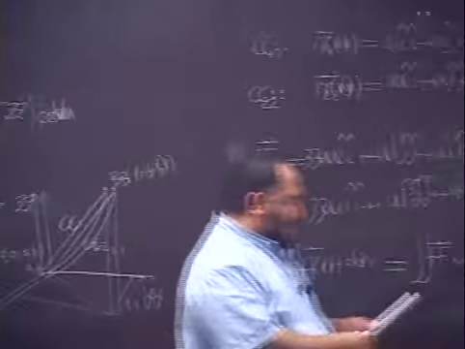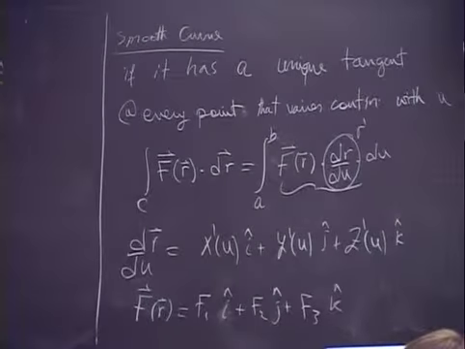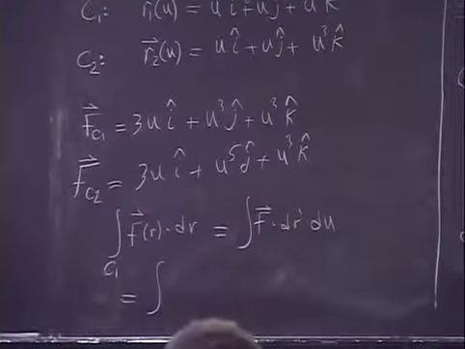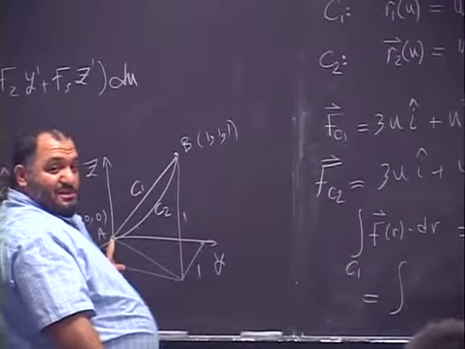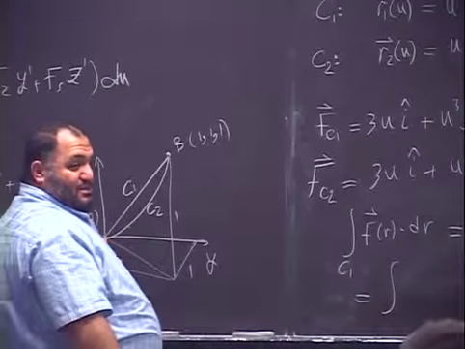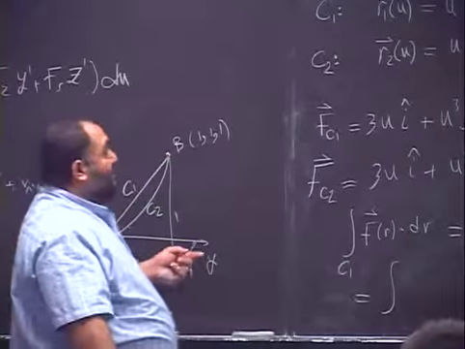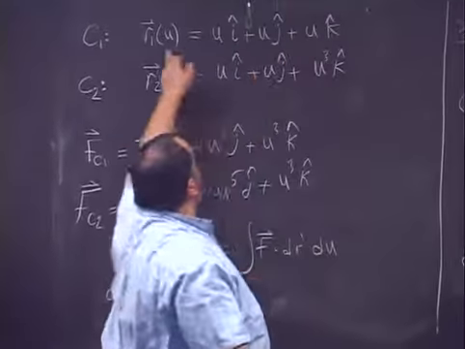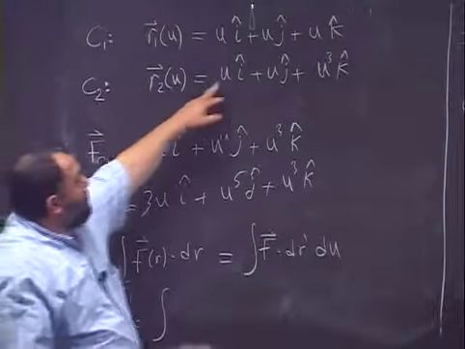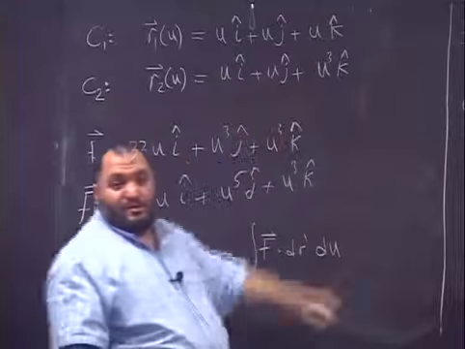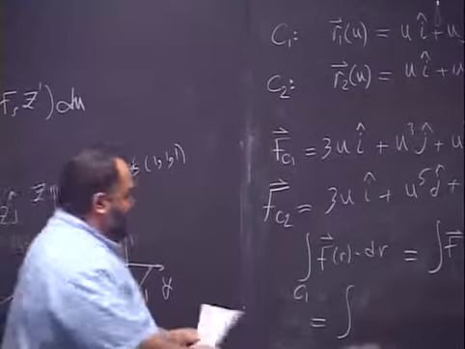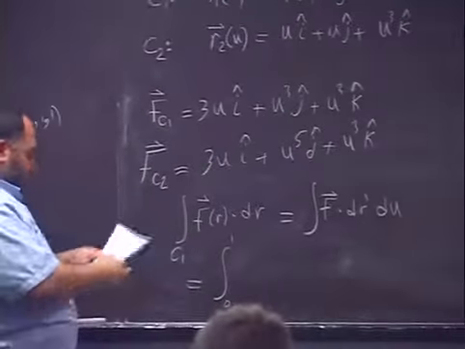Yes guys? So now I want to integrate over the curve. So I will integrate from u equal to what? At this point, u is equal to 0. And at this point u is equal to 1, because with 1, 1, 1 you will get to the point 1, 1, 1. And if you put u equal to 1, 1 cube will give you 1, so you will reach the same point. So I will integrate from 0 to 1.